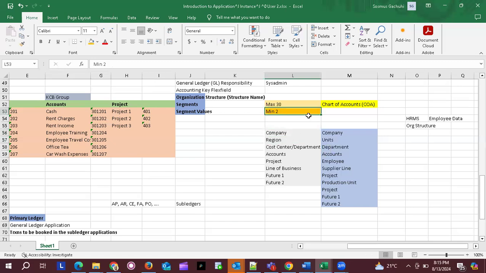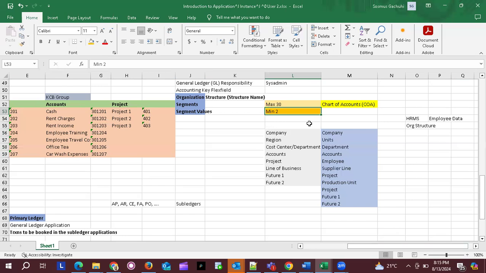But rarely you might find we are using 2 segments to create a chart of account. Rarely. So mostly you'll find maybe a minimum of 5. Those are the kind of projects that we have been able to do. But it's very rare to find an implementation where only 2 segments are being used.